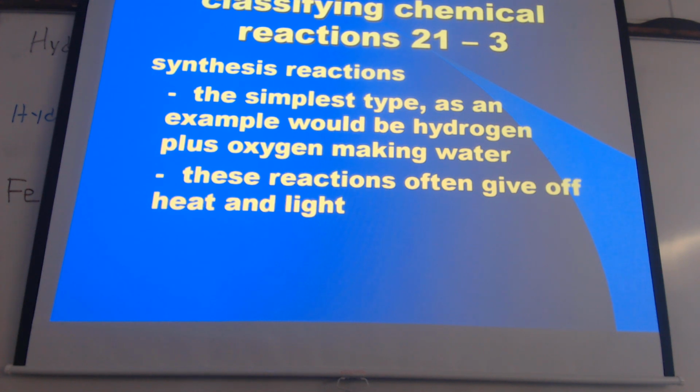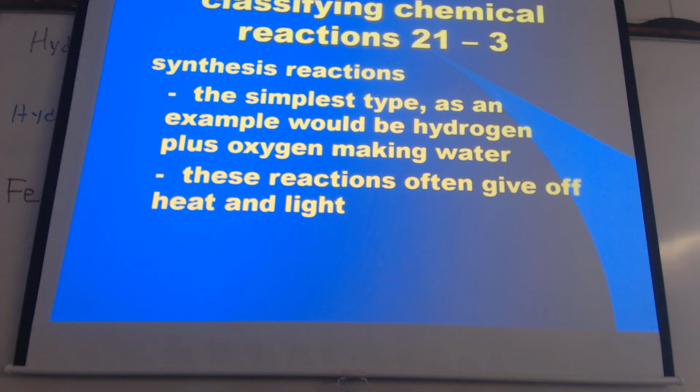The simplest way to explain a synthesis reaction: hydrogen plus oxygen, and you're making something. You're making water. That is the simplest way to explain this. You are taking 2 substances and making something more complex.